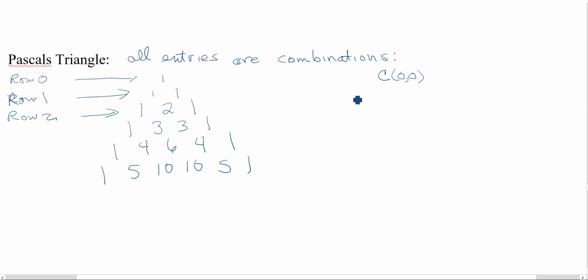The second row's entries would be combination 1, choose 0, combination 1, choose 1. This next one would be combination 2, choose 0, then combination 2, choose 1, combination 2, choose 2, and so each of these entries corresponds to a combination.